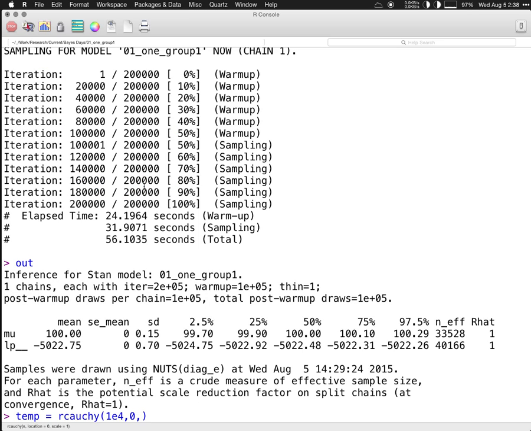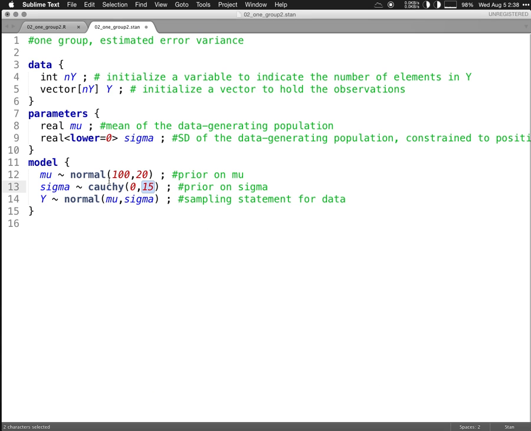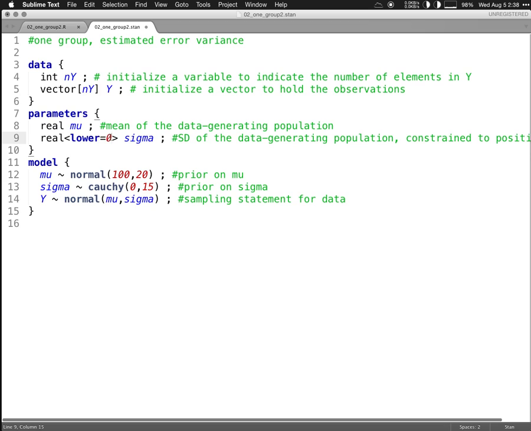That's inappropriate. If I sample a whole bunch and look at a histogram of temp where temp is greater than 0, I confused myself. I said that putting this at 0 means that it's bounded at 0. No, the bounding at 0 is achieved by establishing that this sigma will only take values of 0 or greater.